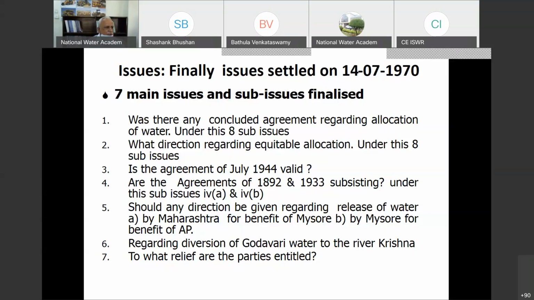The fourth issue was whether the 1892 and 1933 agreements, which were drawn long back, are still subsisting or otherwise.